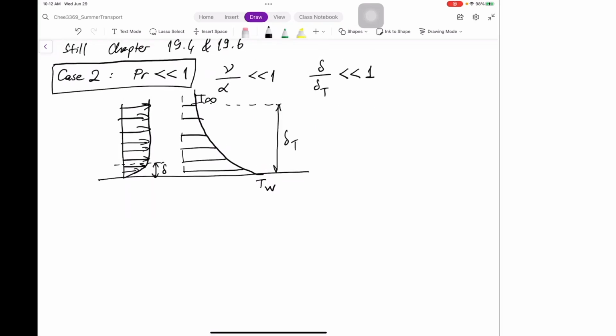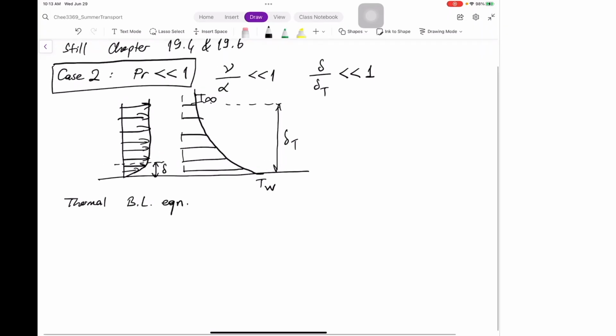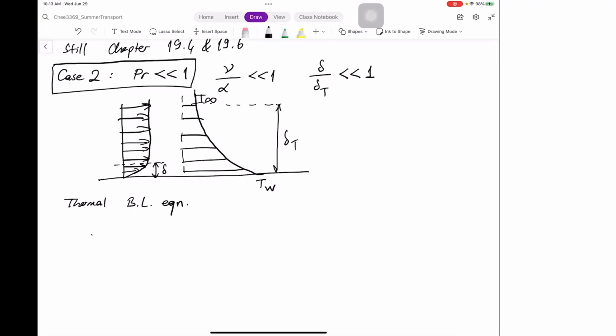Let's rewrite the thermal boundary layer equation. As you remember, Vx del T over del X plus Vy del T over del Y equals alpha del squared T over del Y squared.